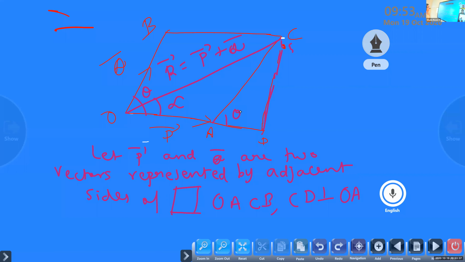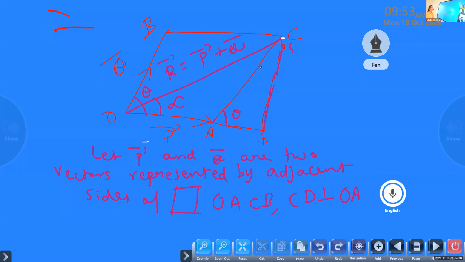Theta. So what will angle A be then? In CAD, angle A will be theta. So got it. Now we are going to get that identity and use it.